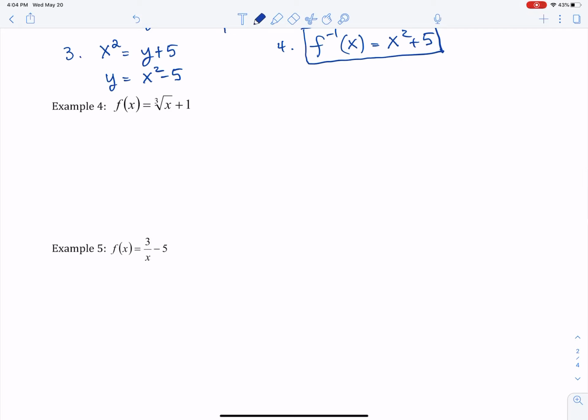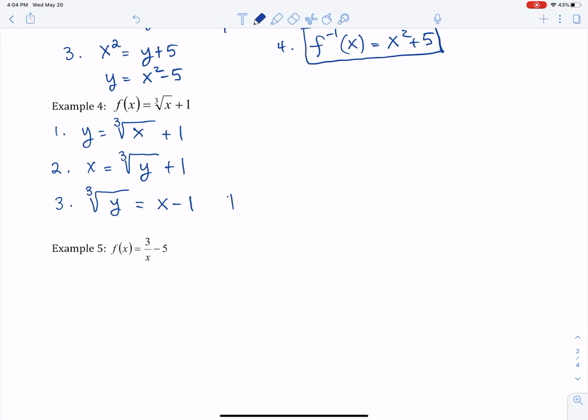Another example, again, step 1, instead of f of x we put y, and third root of x plus 1. Step 2, exchange y and x. x is equal to third root of y plus 1. Step 3, solve for y. Third root of y is equal to x minus 1.